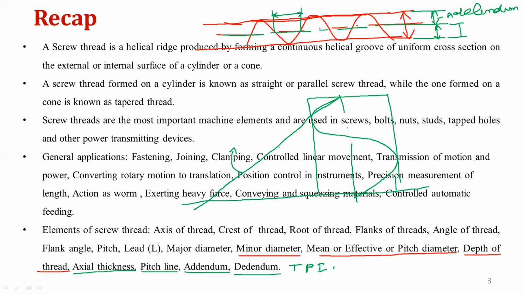This forms the hypotenuse, and this is the opposite side. And this length is the circumference of the cylinder.